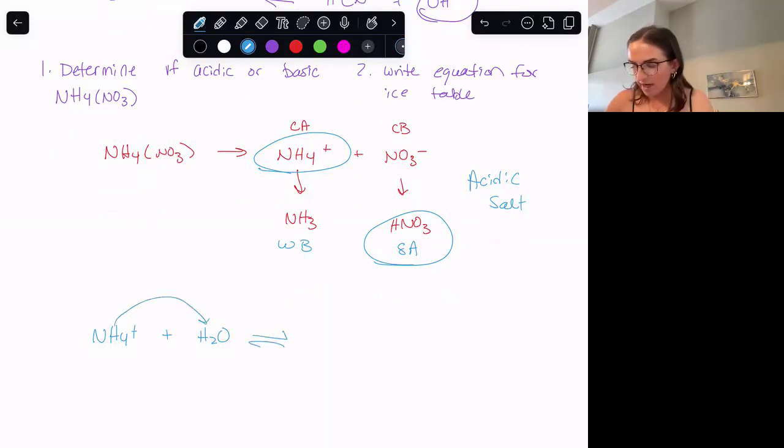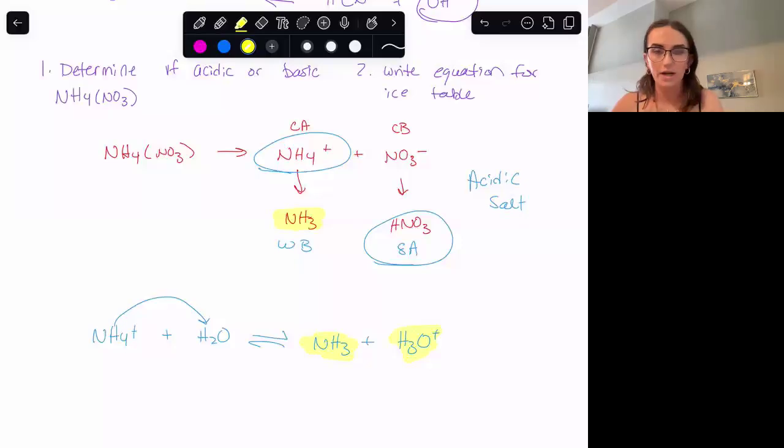It's going to donate it. Okay, so you can use this in order to write your ICE table based off of any of the other information that you're given in that question.